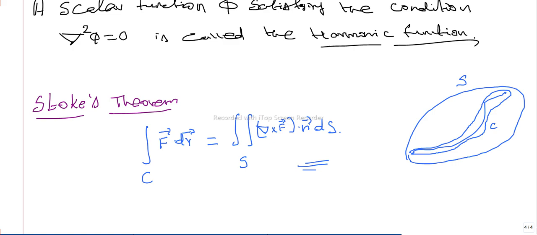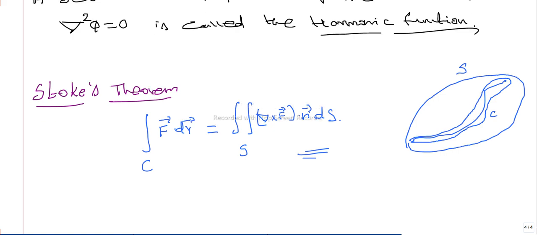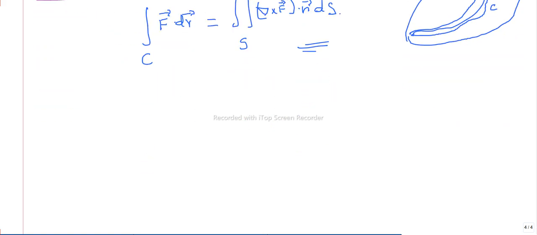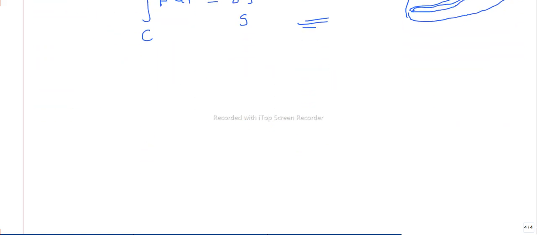Okay, and then I just inform you how to change the Cartesian coordinates into polar coordinates. Just take x equal to r cos theta, y equal to r sin theta in the two-dimensional case. But what about the three-dimensional case? What is the substitution?